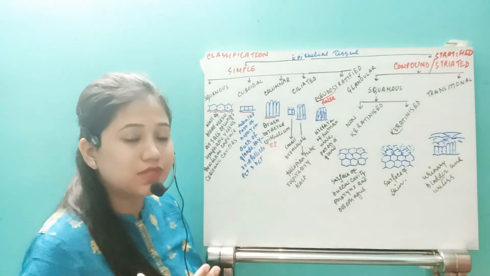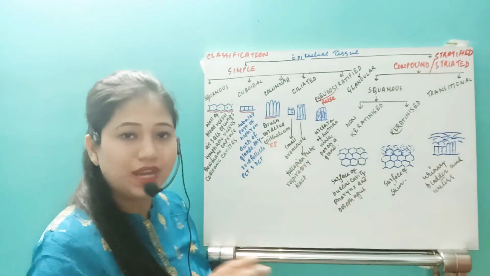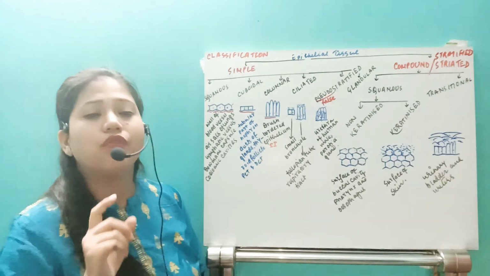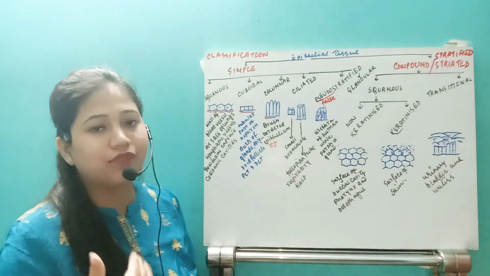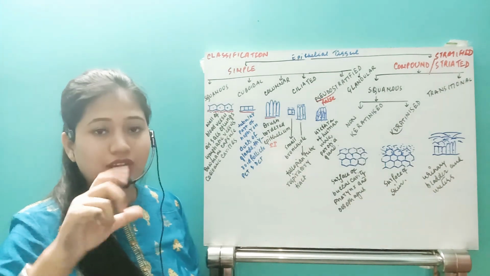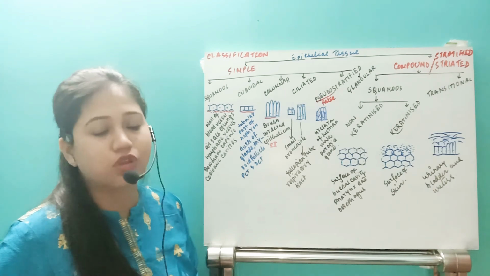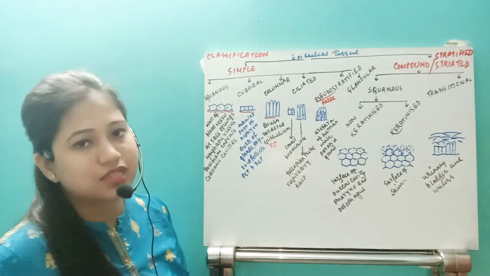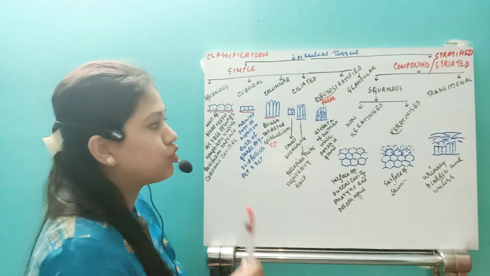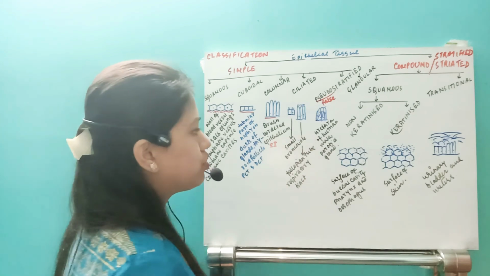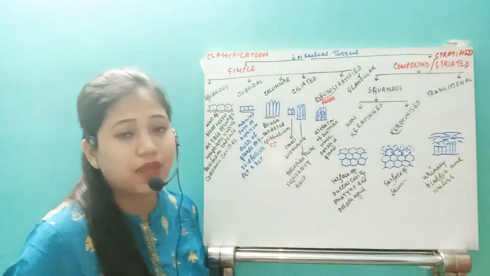So it seems like having more than one layer, but actually it is a single layer with varieties of cell length. So what is the pseudostratified type of simple epithelium? It is present in the urethra of the human male and the parotid gland.